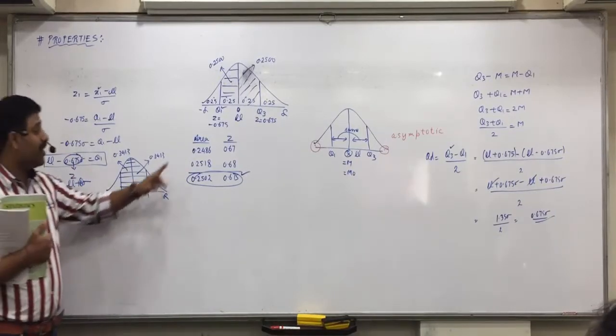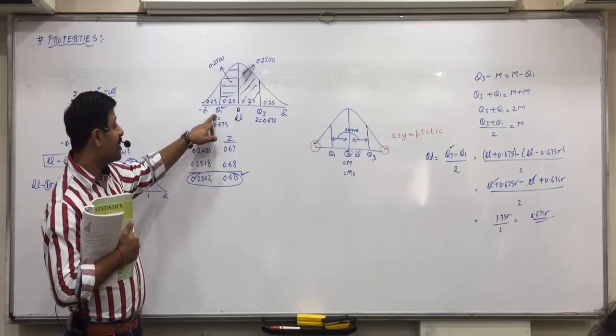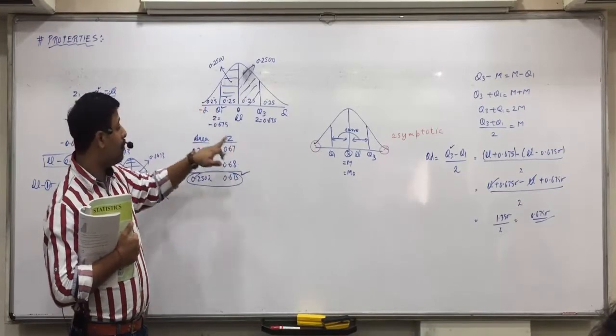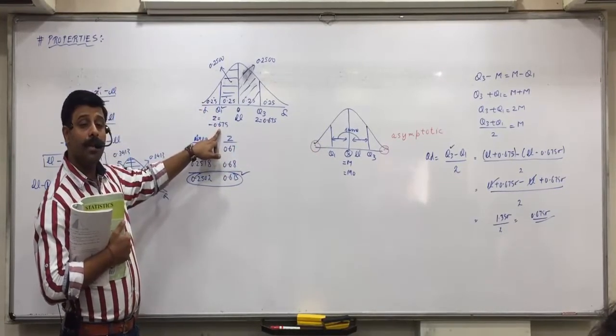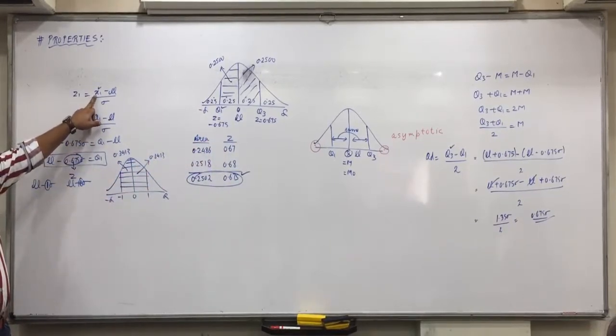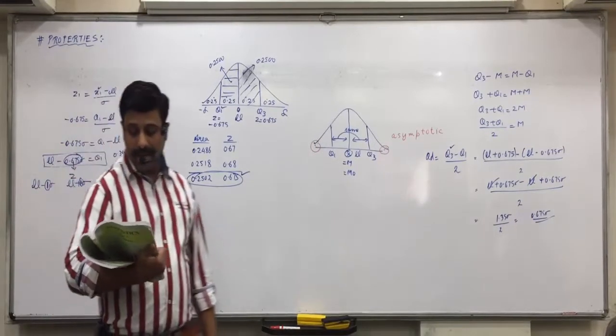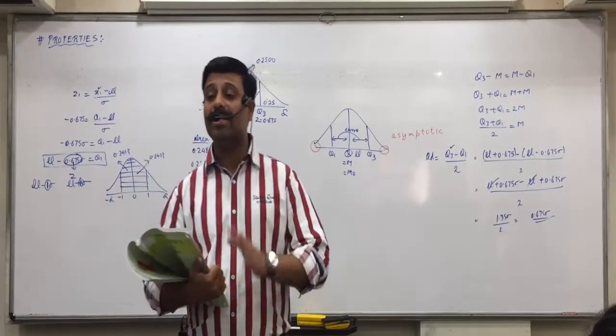So in case of Q1, what is z's value? Minus 0.675 means the first quartile of standard normal distribution is minus 0.675. And the first quartile of normal distribution, that is x1, is mu minus 0.675 sigma. Same way, the third quartile is the positive number 0.675.